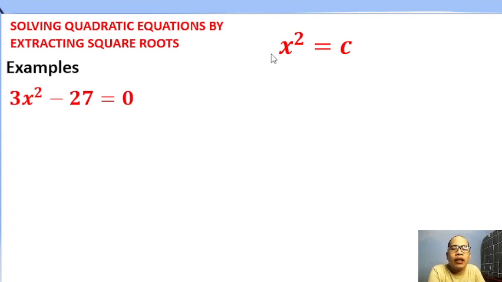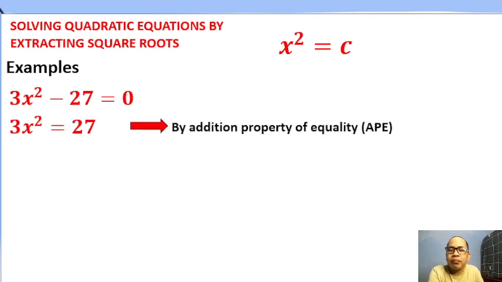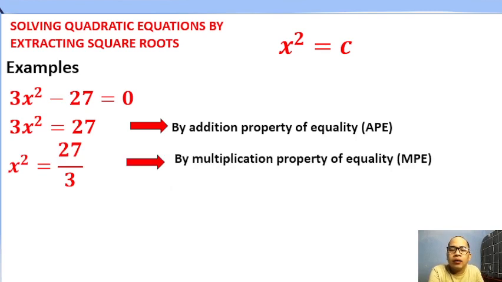The value of a should become 1. So, to do that, by the addition property of equality, we have here, it needs to be in this form: x squared equal to c.